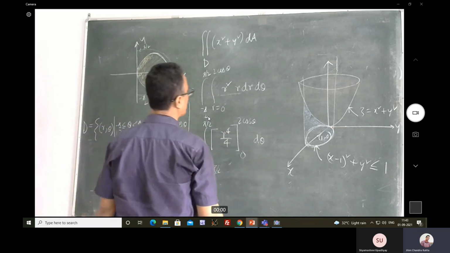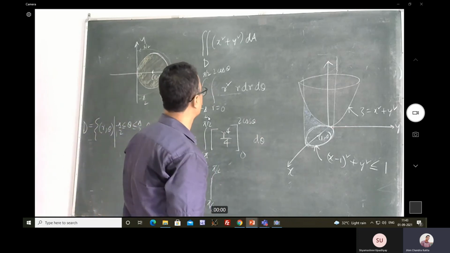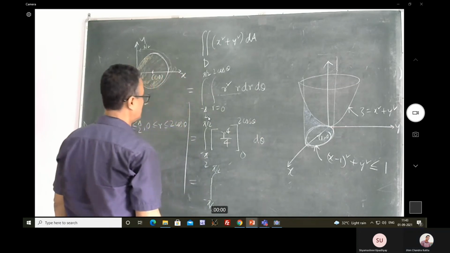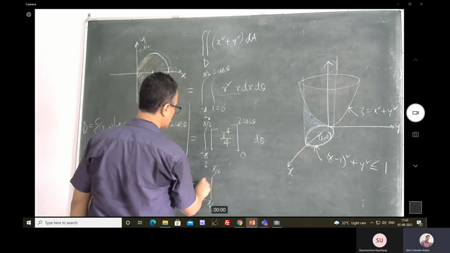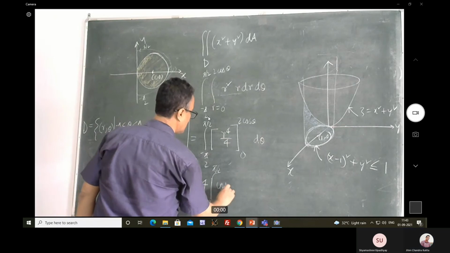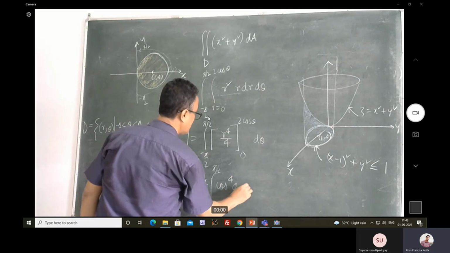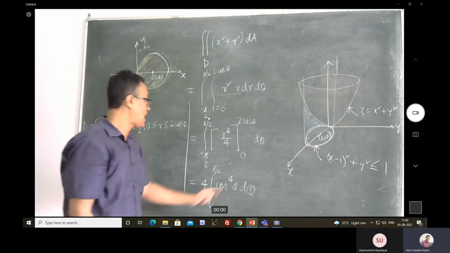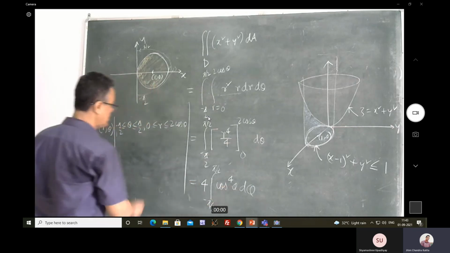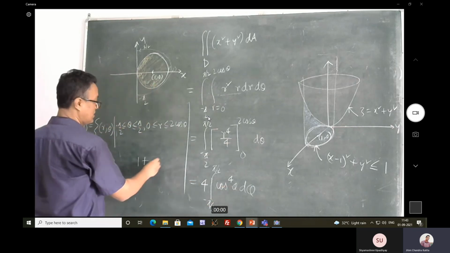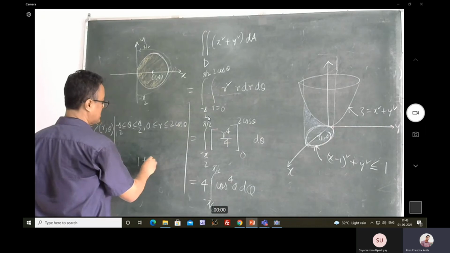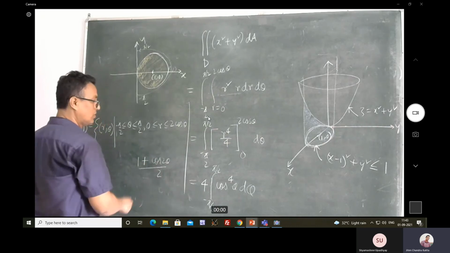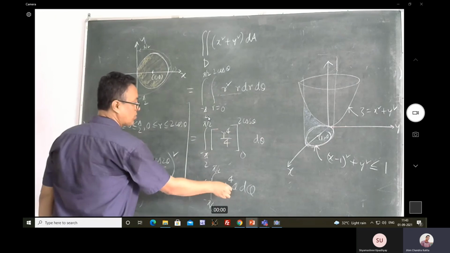For 0 I am going to get 0. This is going to give you 16 cos to the power 4 theta, so this is 4 cos to the power 4 theta d theta. And then you simply integrate it. How? You just simply convert it into (1 plus cos 2 theta) by 2, whole squared, isn't it? This one.